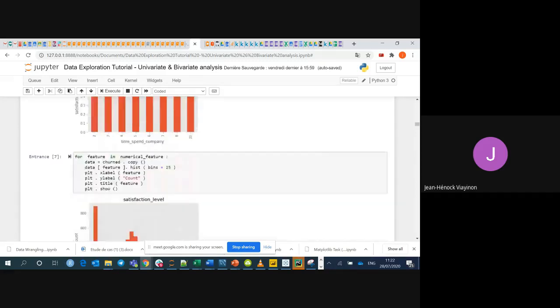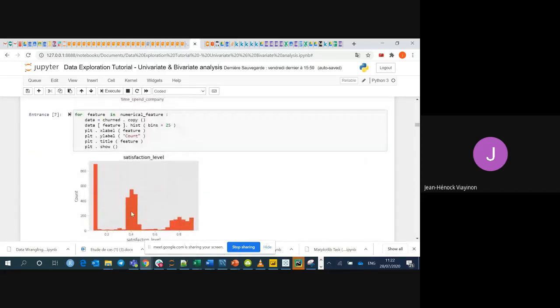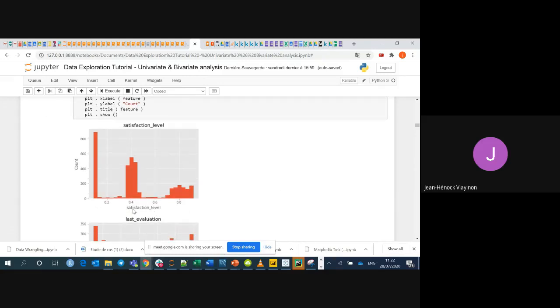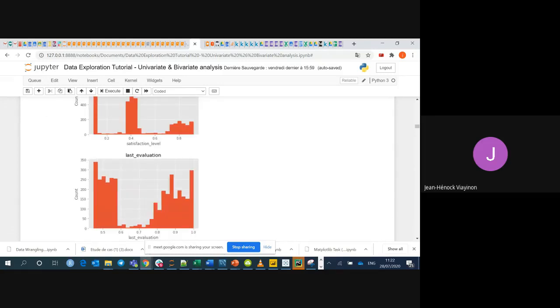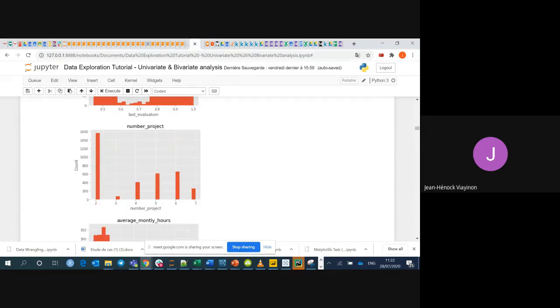Next, this should normally come before the bivariate part because this is univariate. So I basically plot the satisfaction, the last evaluation, and all the quantitative variables I'm using, to see a relationship with the satisfaction level.